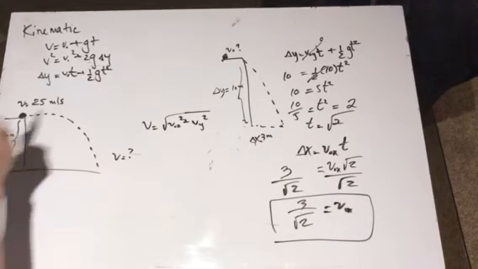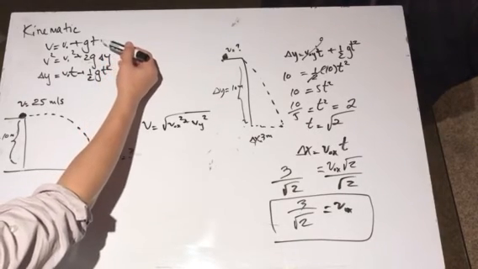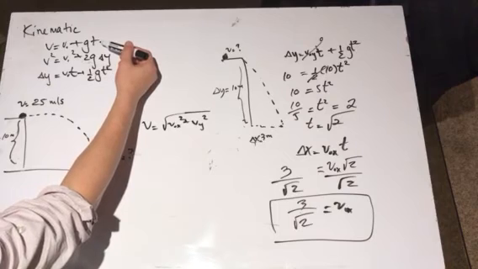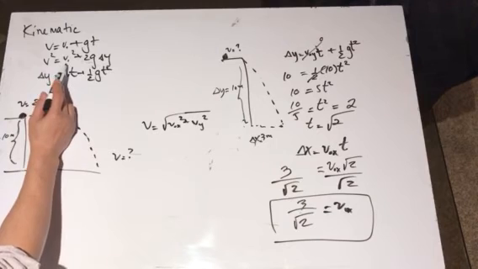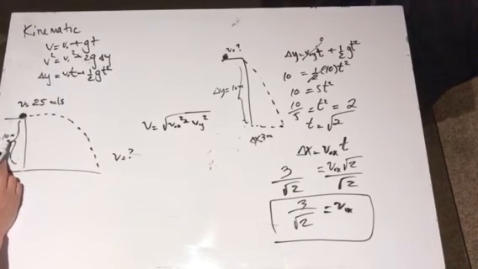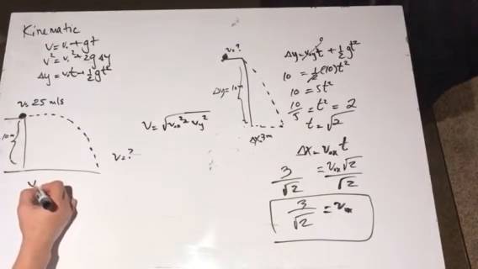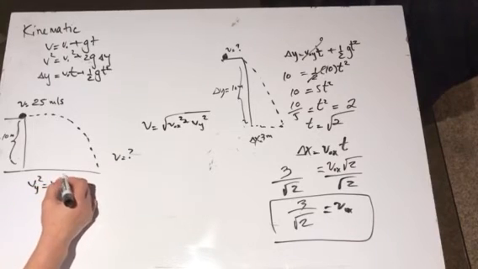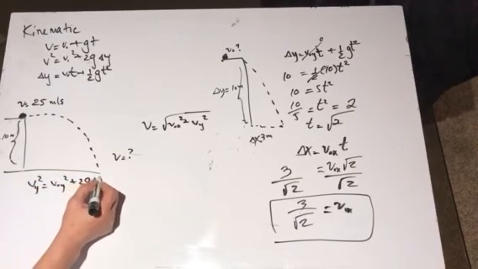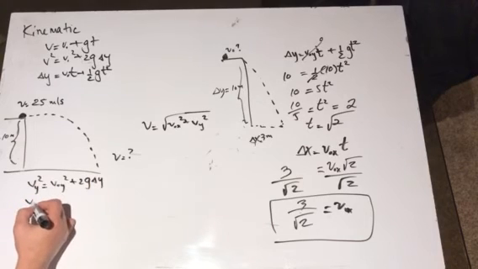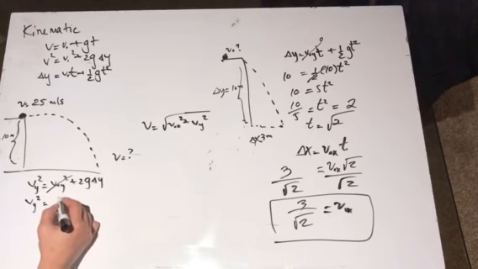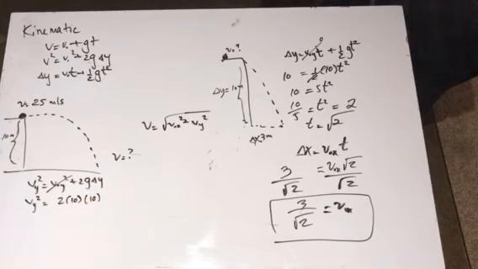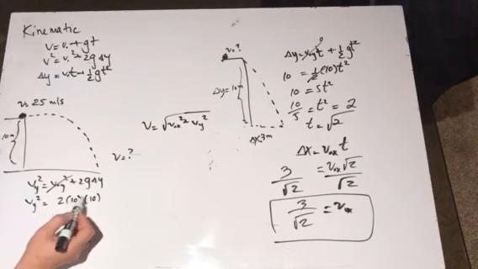Okay, let's look at this equation. We don't know time, so we could use this equation, which is much easier because we're given the height. So I'm just gonna go ahead and do that. Vy squared equals 2 g delta y, that's what we're looking for, with V0y being 0. So it will be 2 times 10 times 10, because gravity is 10 and the height is 10.